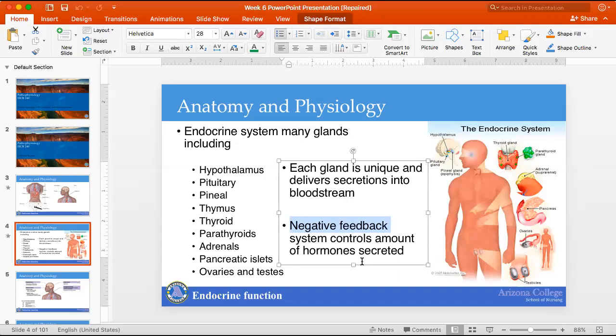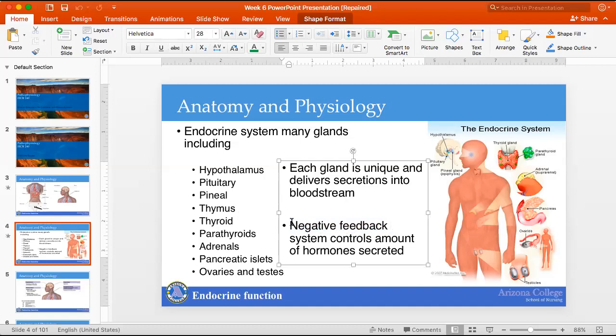When it then reaches a certain amount, the same sensors will sense that we're back to normal, or we have enough of this hormone, so it stops the signal, and that's referred to as negative feedback.